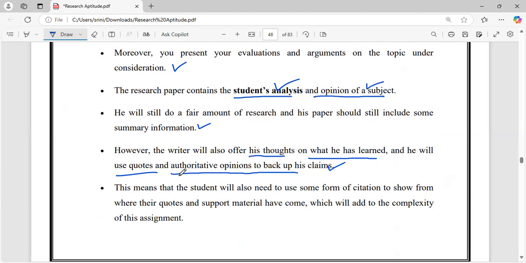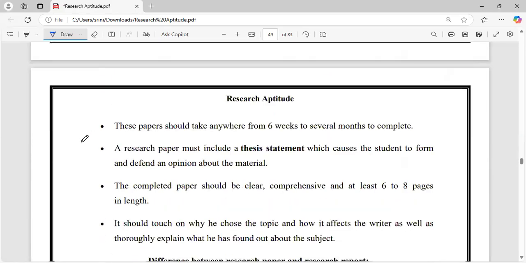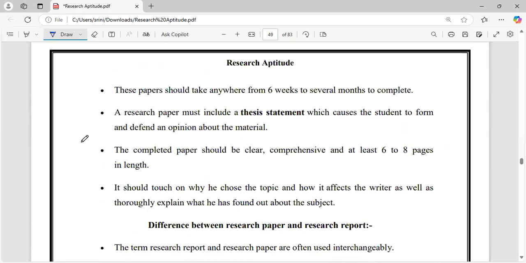This means that the student will also need to use some form of citation to show from where their quotes and support materials have come, which will add to the complexity of this assignment. These papers should take anywhere from 6 weeks to several months to complete. The research paper must include a thesis statement, which causes the student to form and defend an opinion about the material.